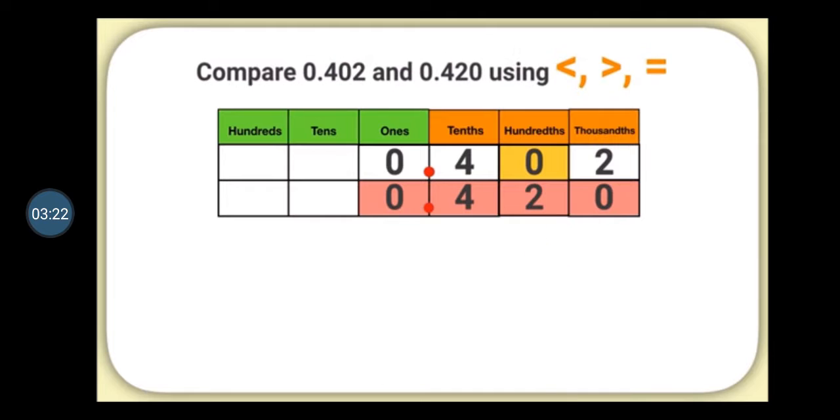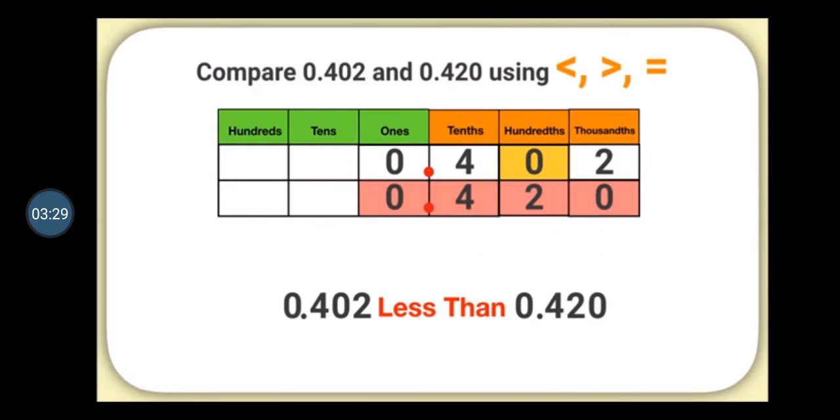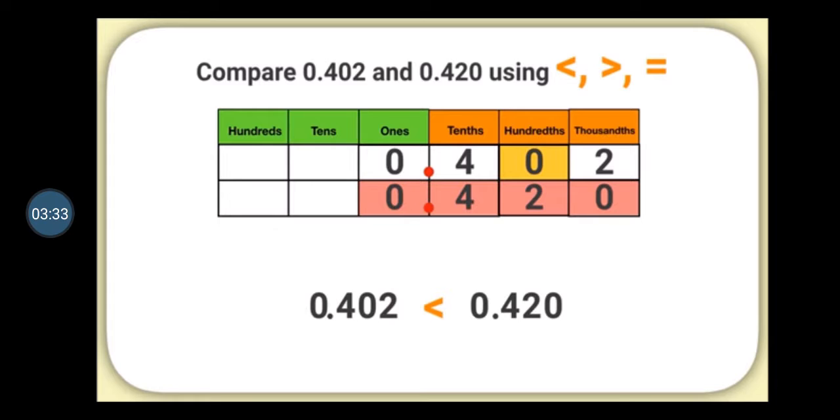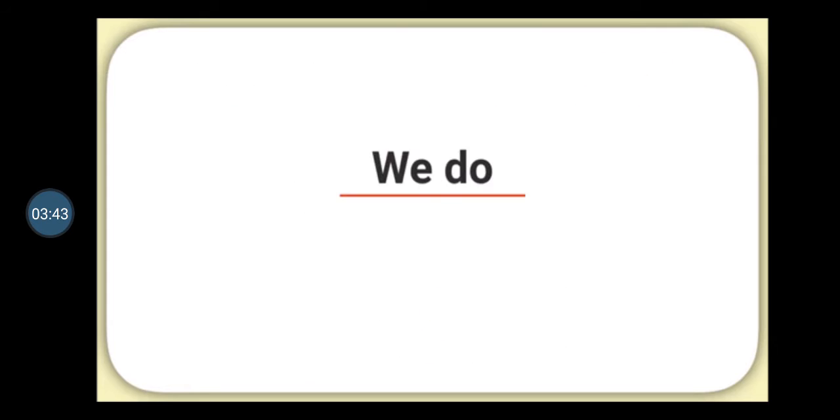If the hundredths column is also equal, then we have to move on to the thousandths column. So we can write in this way that 0.402 is less than 0.420, or we can write 0.420 is greater than 0.402.